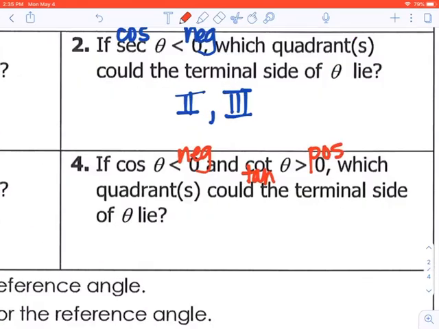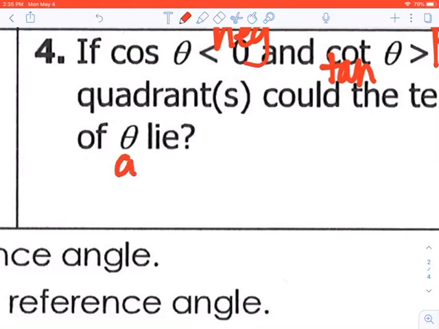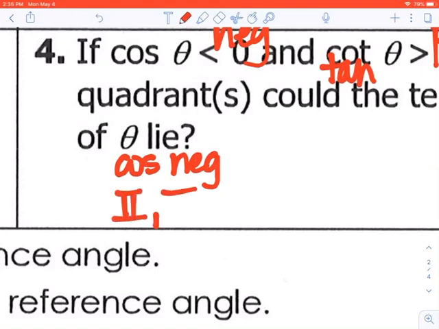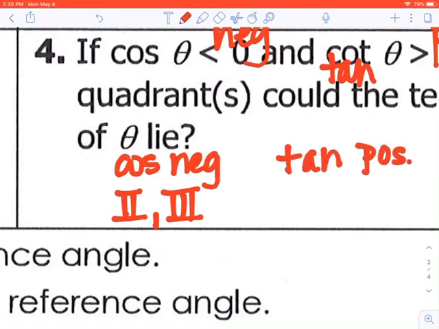So if the cosine is negative, okay, we just saw that. That was in 2 and in 3. Those are the quadrants where the cosine is negative, because it's positive in 1 and 4. And then if the tangent is positive, we said that's in quadrant 1 and quadrant 3.